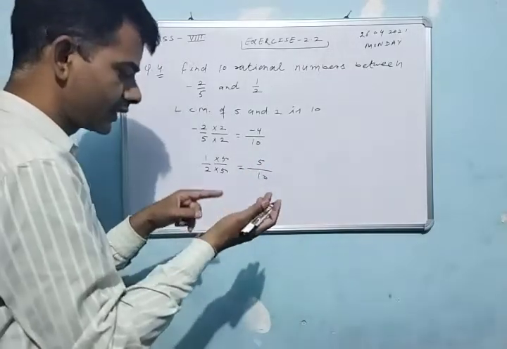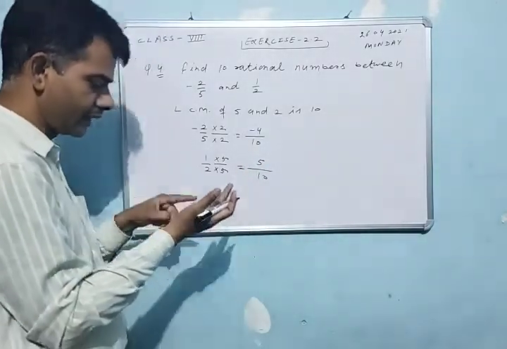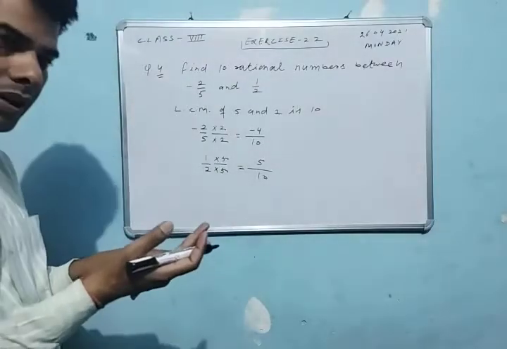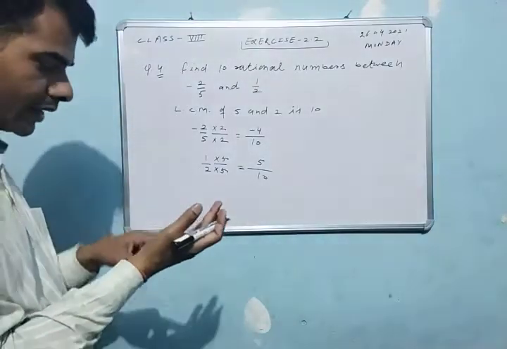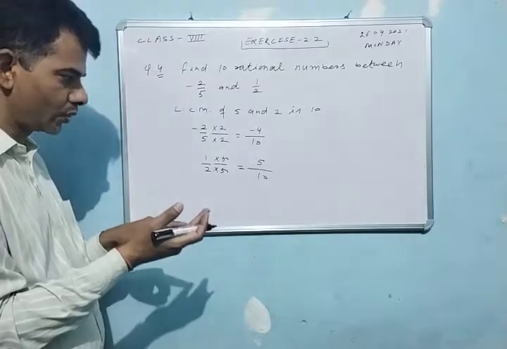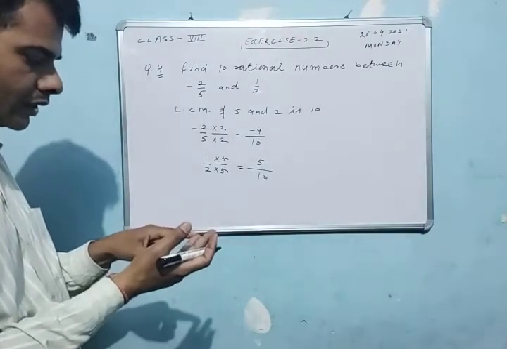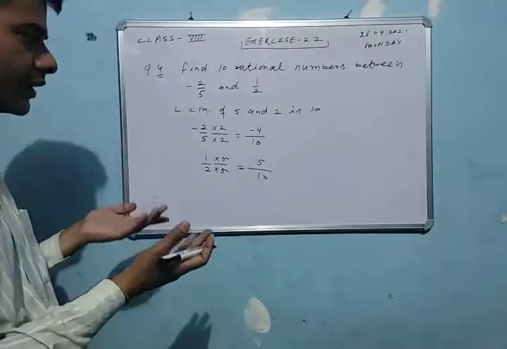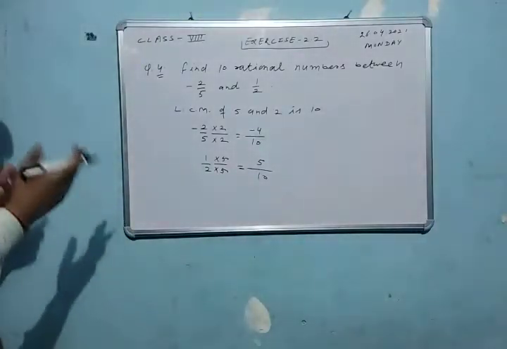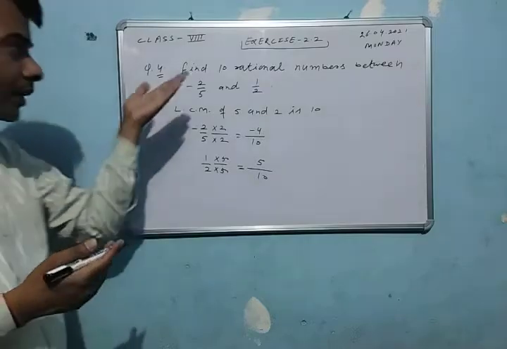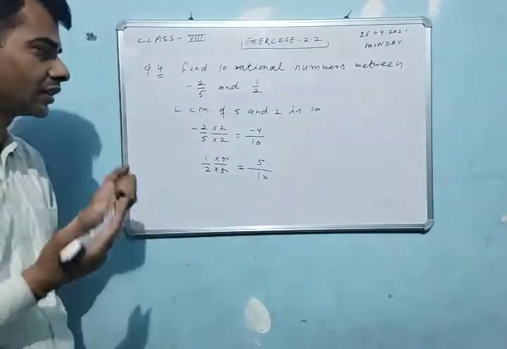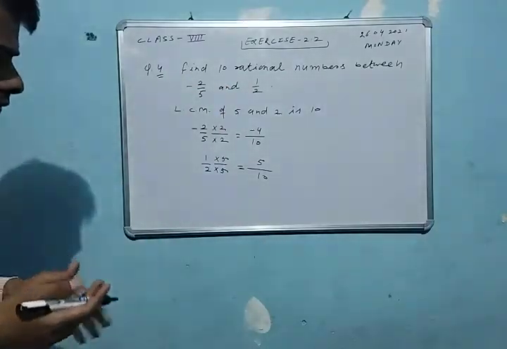Students, can you find 10 rational numbers between minus 4 by 10 and 5 by 10? That can be minus 3 by 10, minus 2, minus 1, 0, 1, 2, 3, 4. Only 8. Now we have to find 10 rational numbers.